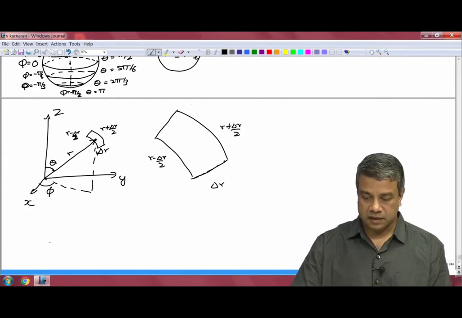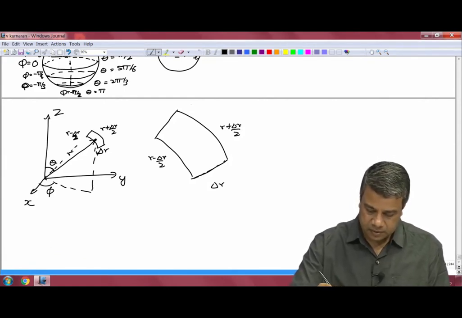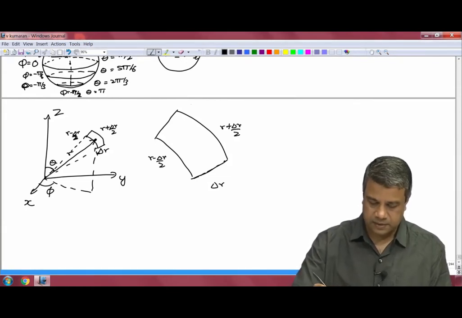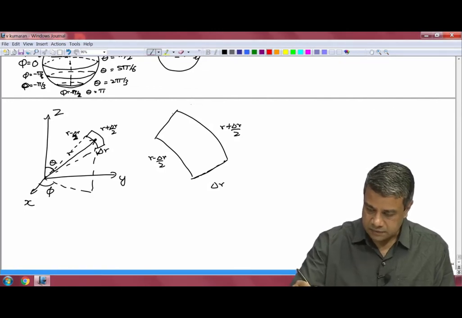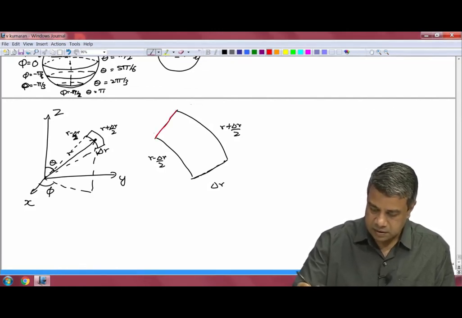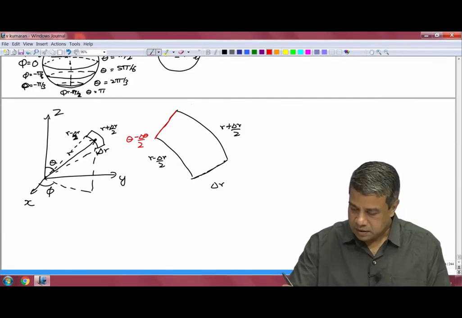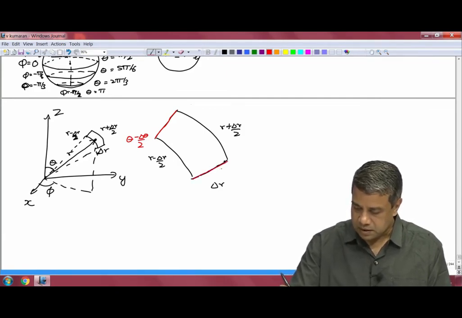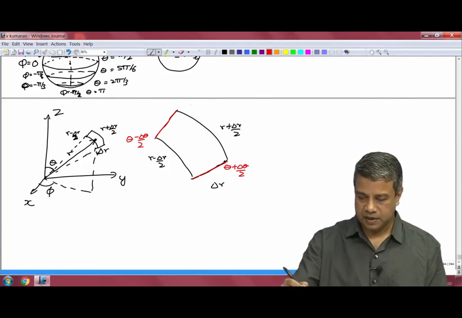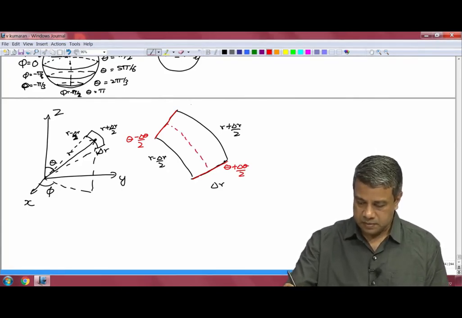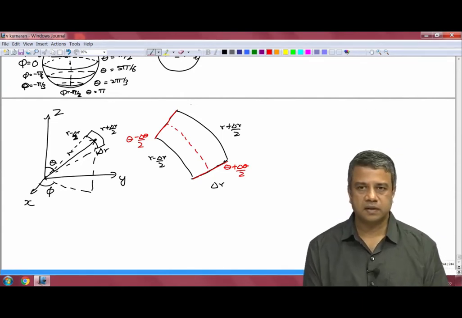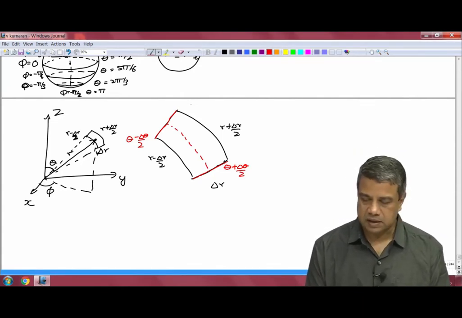What about the theta direction? There will be 2 surfaces. The first one at theta minus delta theta by 2, this one at theta plus delta theta by 2. And this separation between these 2 surfaces is not delta theta, because delta theta is an angle.